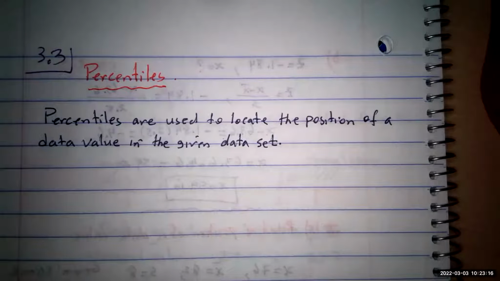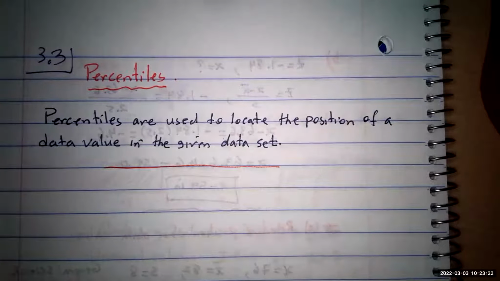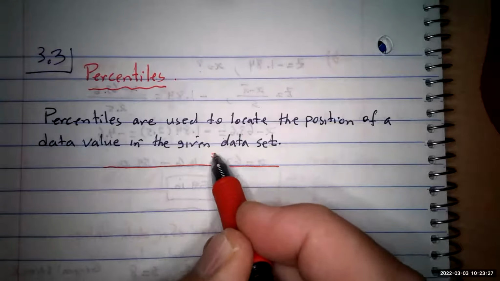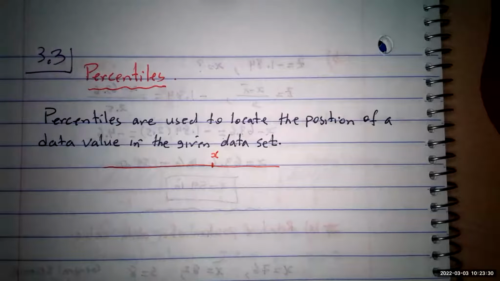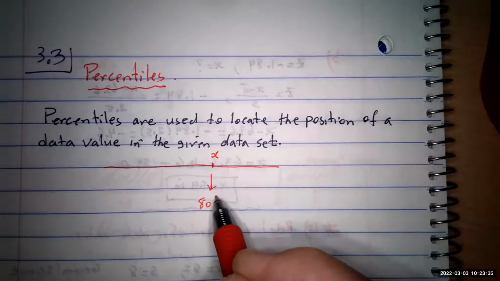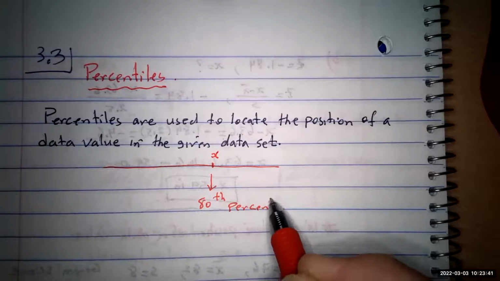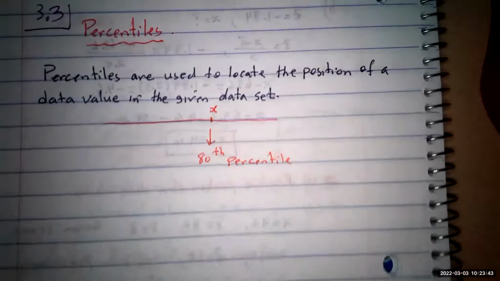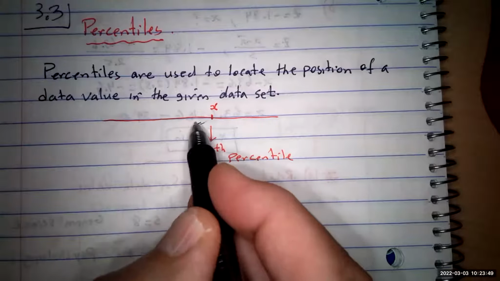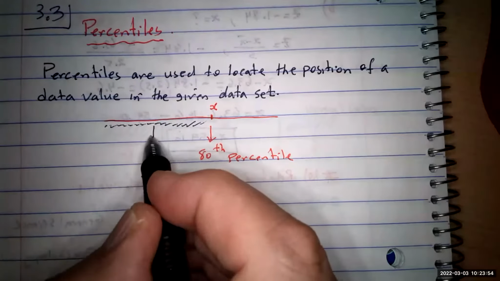Now you see, if this is the number line, and this is your grade X, and you say that your grade X is in the ranking of the 80th percentile, this means that the number of values, the grades that are below you, is 80%.